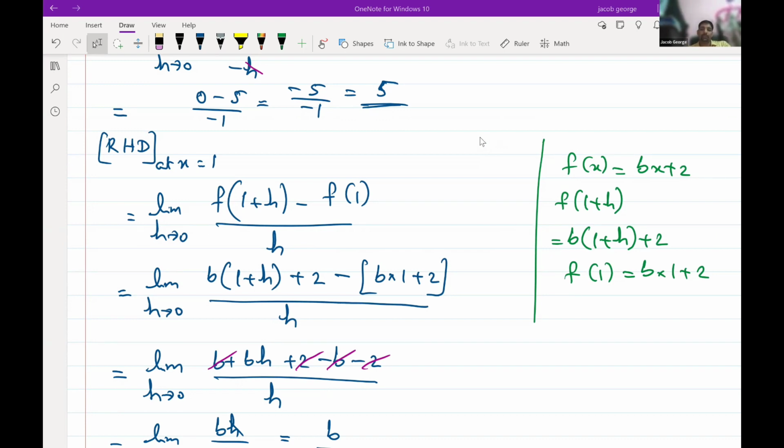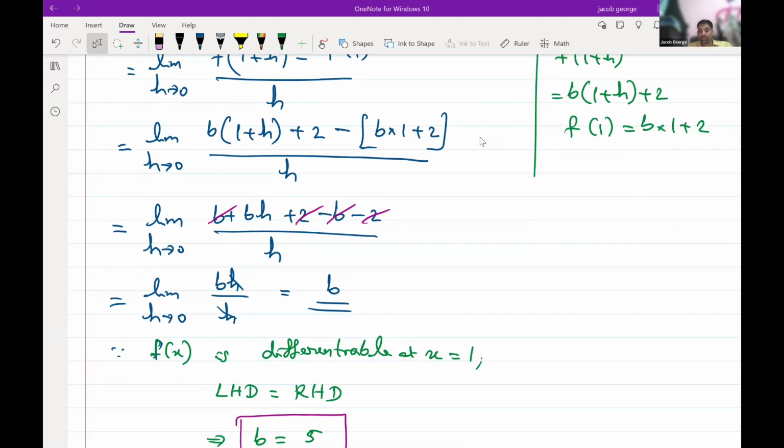So f of 1 plus h is b into 1 plus h plus 2, minus of b into 1 plus 2, by h. When we open the bracket, b plus bh plus 2 minus b minus 2, we can cut these terms, b minus b and 2 minus 2, and we get bh by h. bh by h is b. So this is the right-hand derivative, that is b.